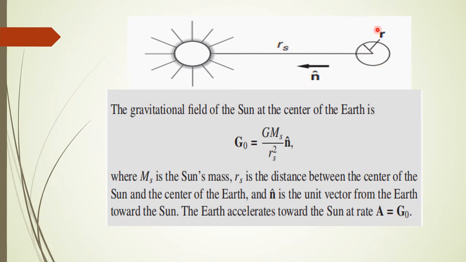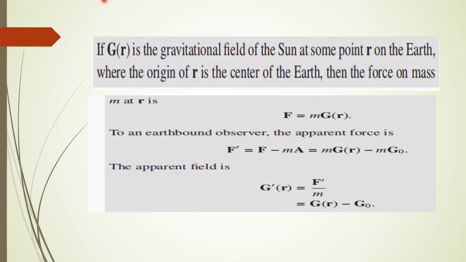So our earth is a non-inertial frame and has an acceleration G0. If G(r) is the gravitational field of the sun at some point r on earth, where the origin of r is at the center of the earth, then the force on mass m at r is F equals m G(r).